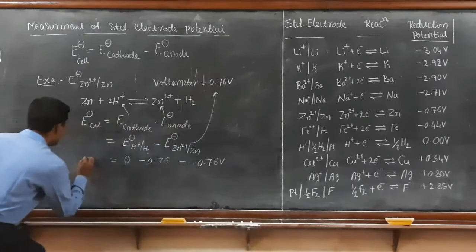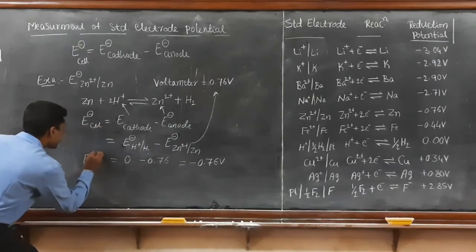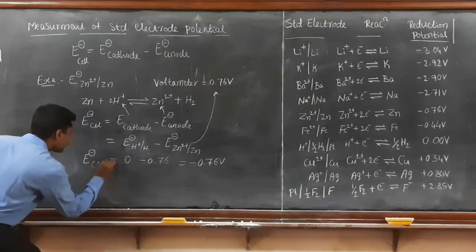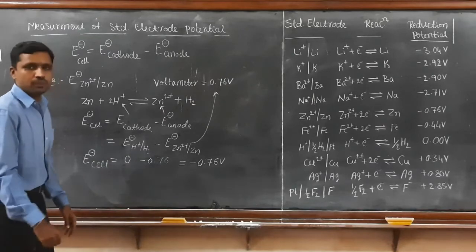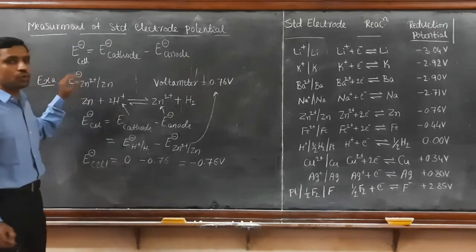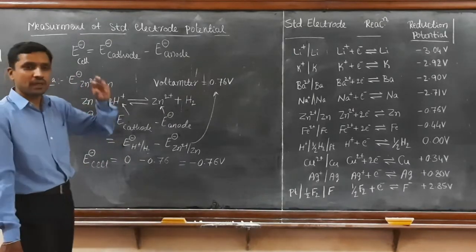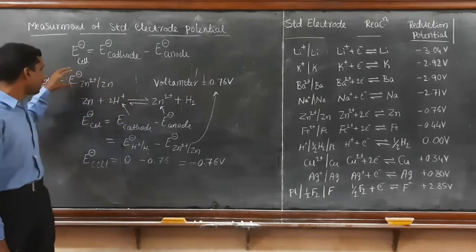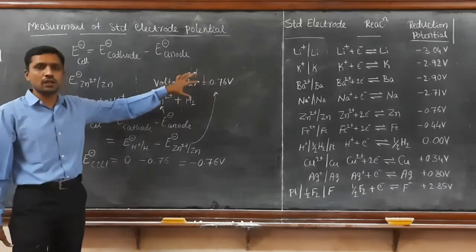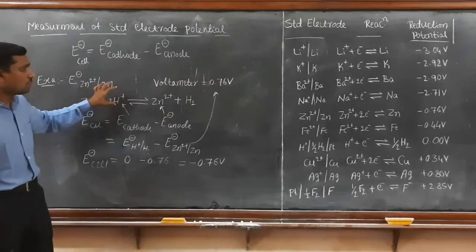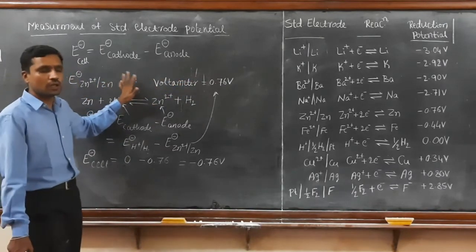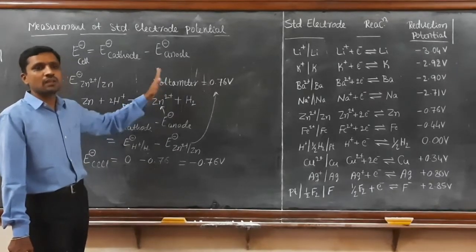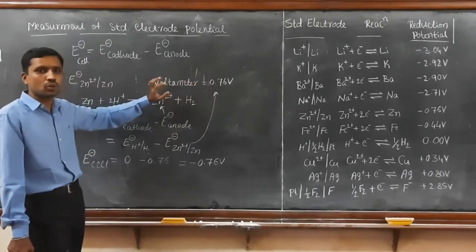So the EMF of the zinc electrode is minus 0.76 volt, and the EMF of the cell is 0.76 volt. So you can determine the EMF of a particular electrode by comparing it with the standard hydrogen electrode, because its EMF is 0 volt and it acts as the reference electrode.